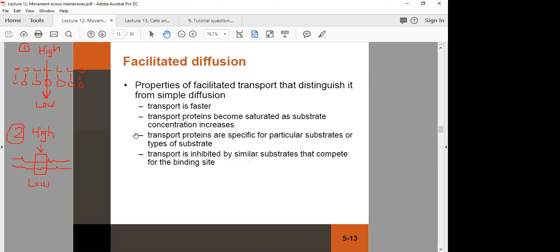Transport proteins have high specificity for particular substrates, and transport can be inhibited by similar substrates that compete for the binding site. So if we think about certain types of poisons, this is how they act. They structurally mimic other molecules and then compete for binding sites, which means that transport protein can't do its job.